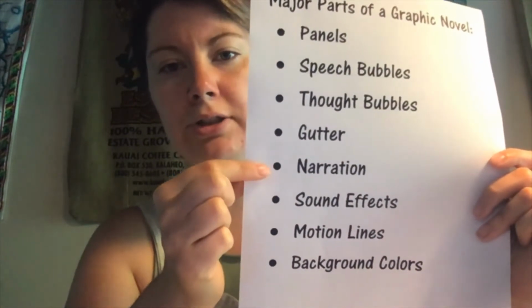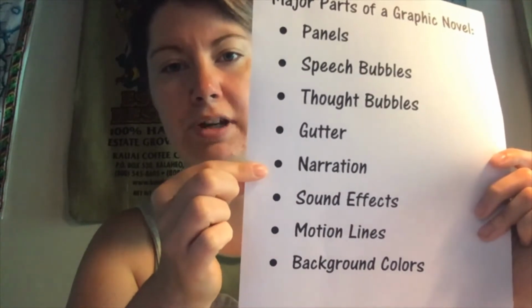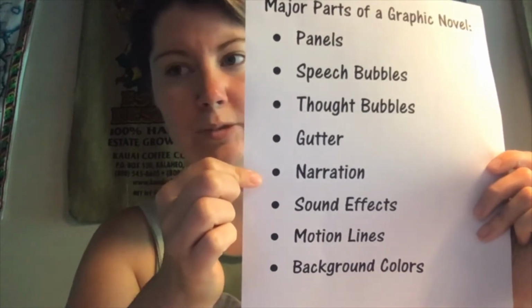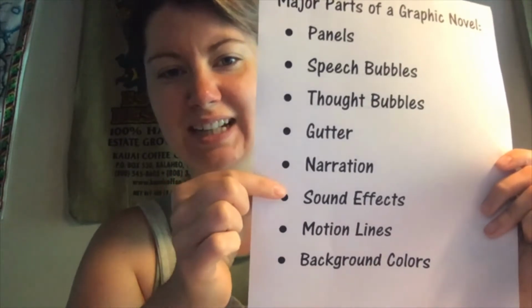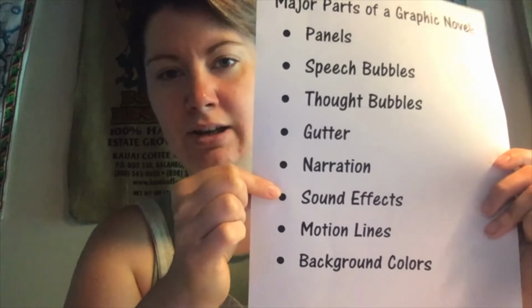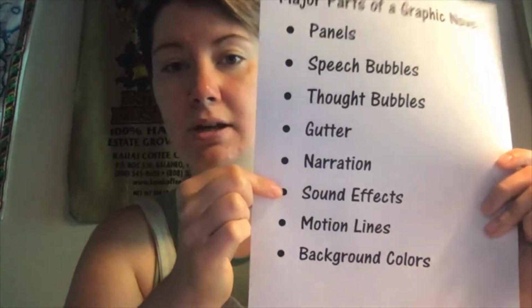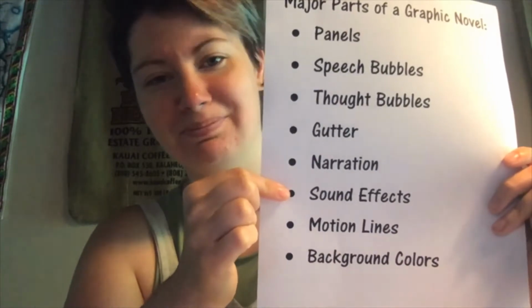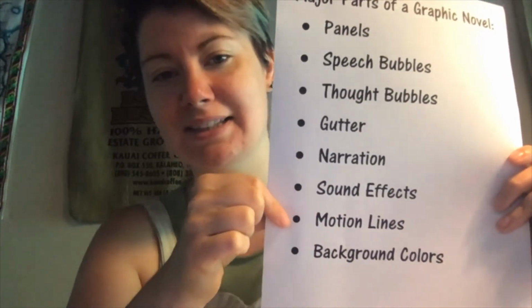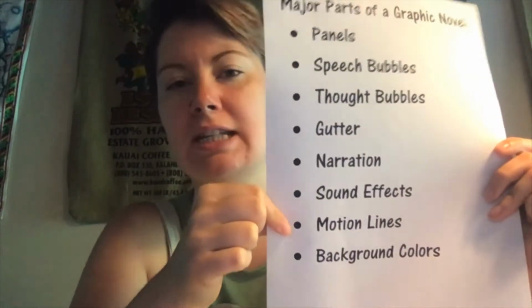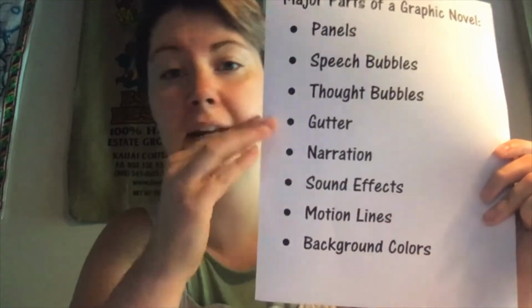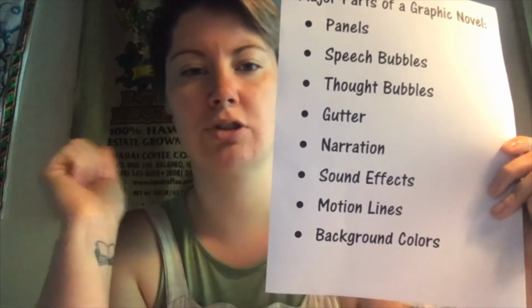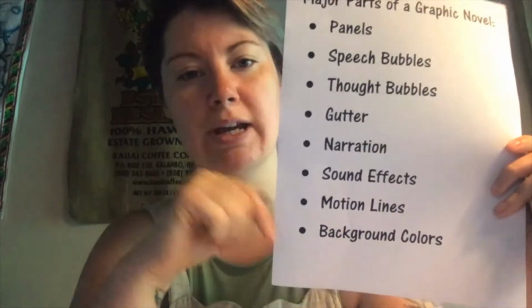Narration, that's just general talking, there's no one actually saying it, similar to a prose book. Sound effects, some people call these onomatopoeias, so boom, pow, bang, bam. Motion lines, that's so you can see how someone's running fast or someone's struggling or the wind's blowing.